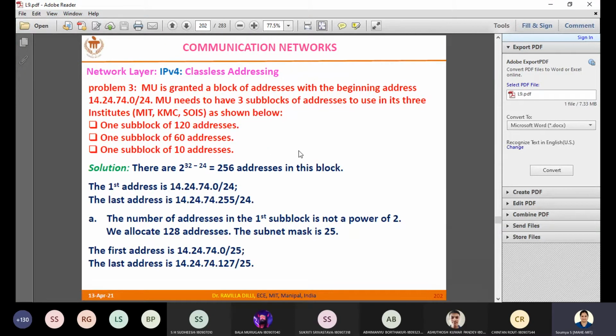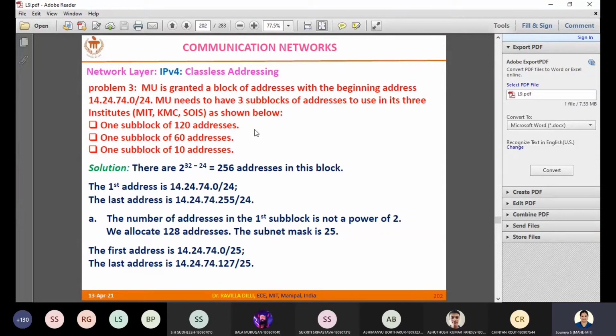Now, how many addresses are you going to allocate? Look at the question. The first sub-block requires 120 addresses. Can we allocate 120 addresses? We cannot do it because the rule says that the number of addresses that you allocate should always be a power of 2.